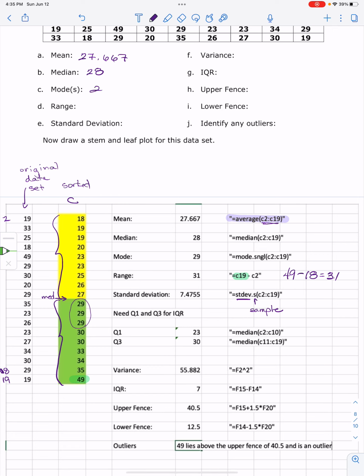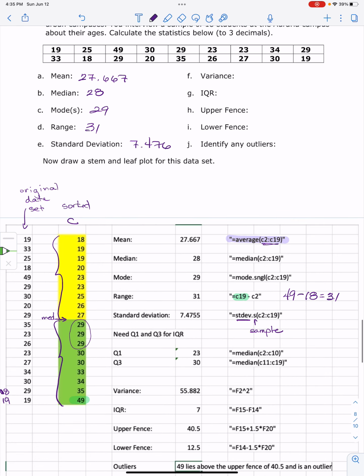So, oops, I started talking and have not been. Standard deviation 7.476 to 3 decimal places. The variance is always our standard deviation squared. And so here, 55.882.